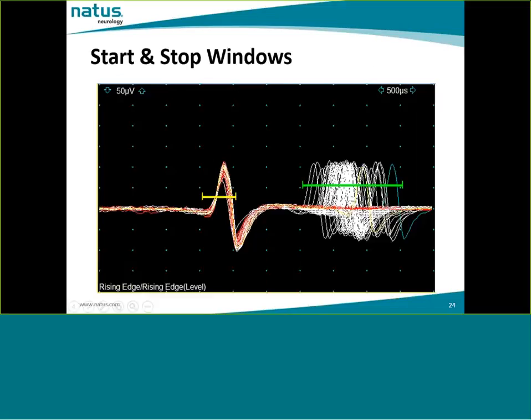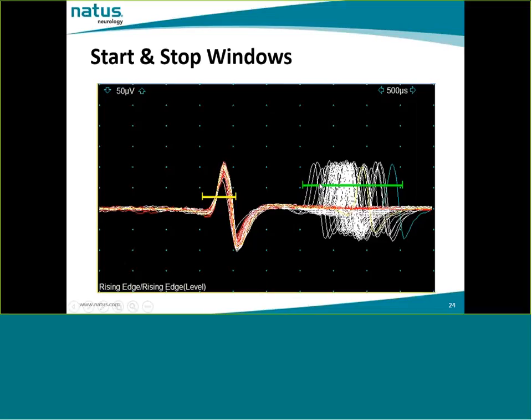So here is an example. Here is my start window. Notice that it is on the sharp rising edge over here, roughly between the peak and the baseline. And here is my window on the second potential. It is wide enough to include all discharges of the second potential.